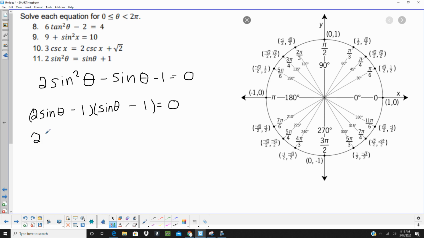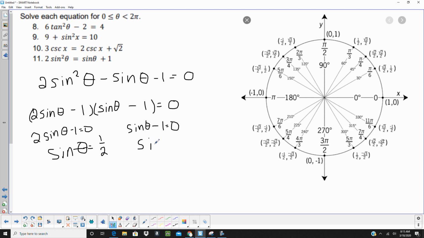Take each of those factors, set them equal to 0. So 2 sine theta minus 1 equals 0. Sine theta minus 1 equals 0. Solve each one, and here I'm going to get sine theta equals 1/2.